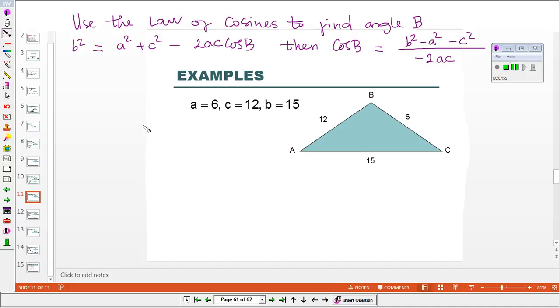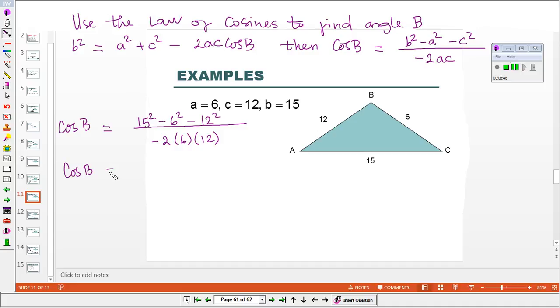So now I'm going to substitute b for 15. So cosine of the angle B is 15 squared minus 6 squared minus 12 squared, divided by negative 2 times a, which is 6, times c, which is 12.